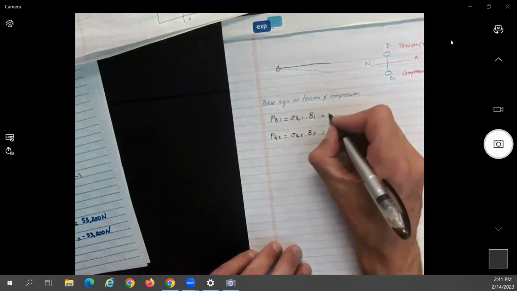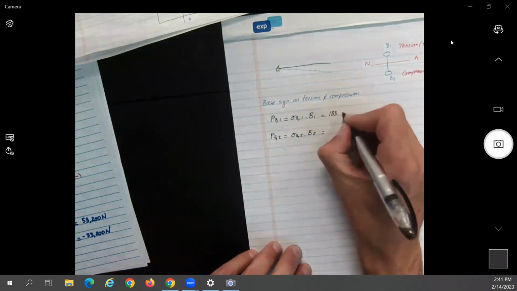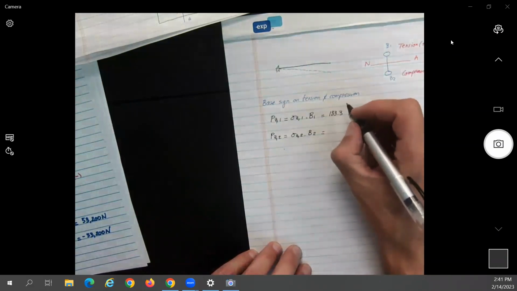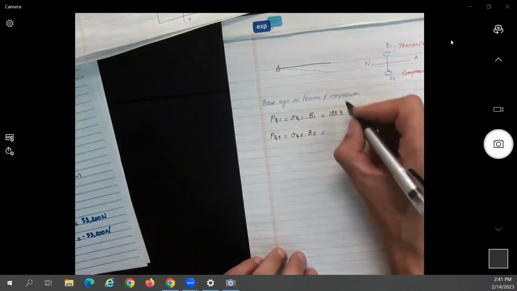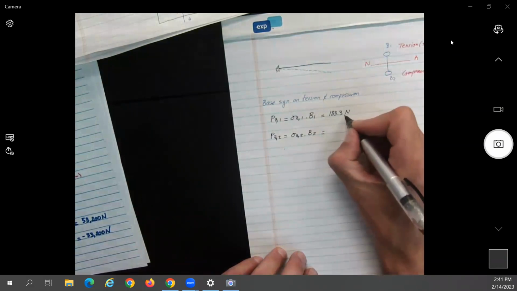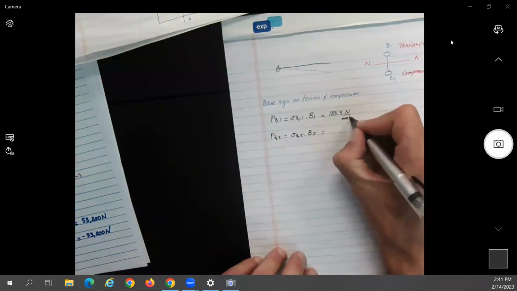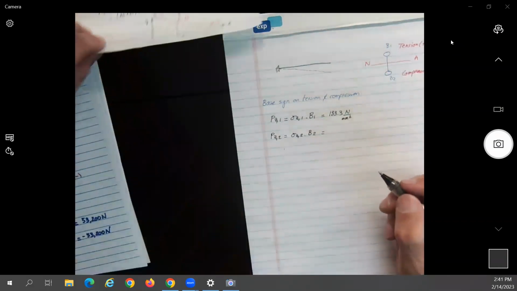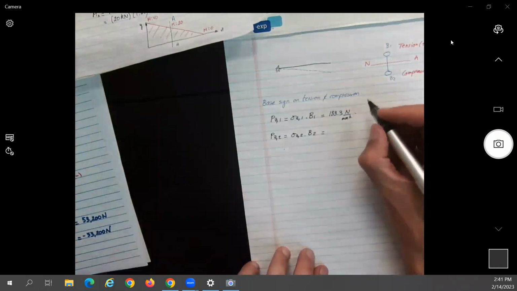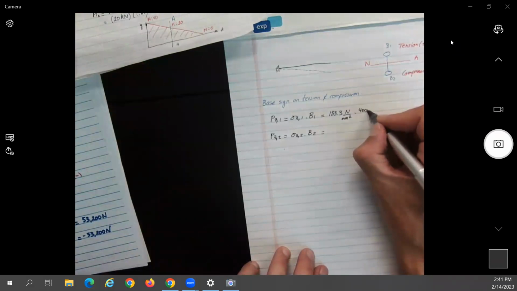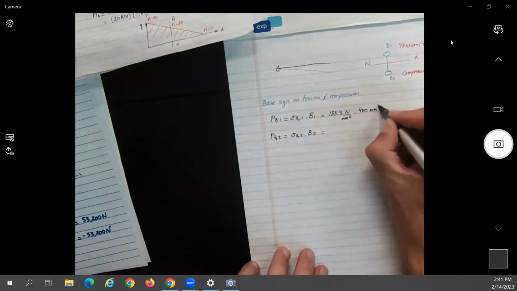We have 133.3 newtons per millimeter square times B1, which is 400 millimeter square.